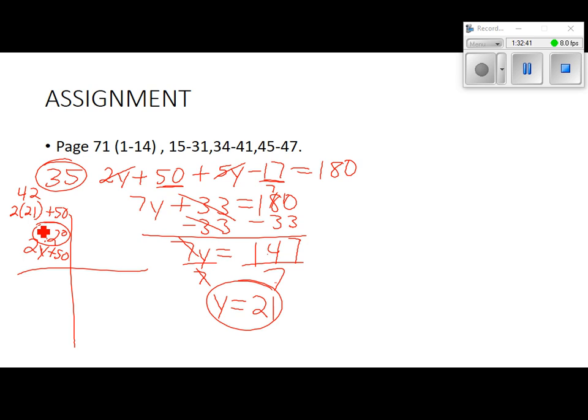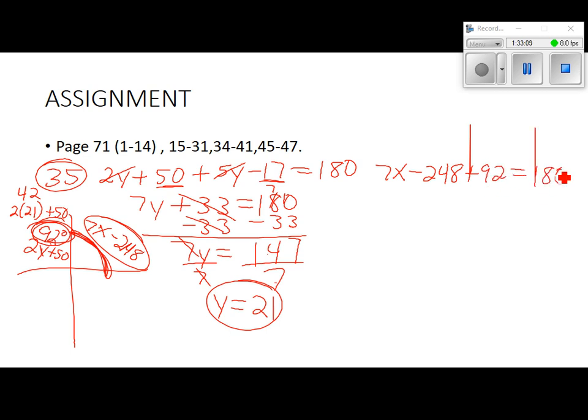I know that this angle, that 92 degree angle, and this angle have to add up to 180. So in this angle, they give us 7x minus 248. Well, this plus this has to equal 180. So that's the other equation I can set up. 7x minus 248 plus 92 equals 180. Ignore all those stray marks. That's 7x.